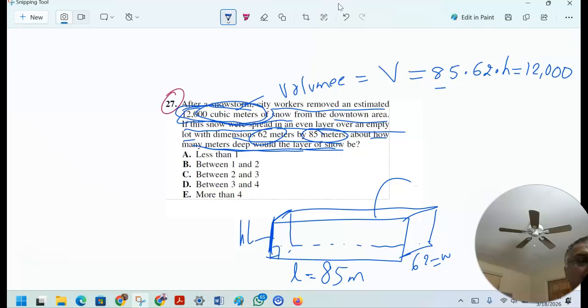So all you do is divide both sides by 85 times 62. So the 85 times 62 cross out and you get H equals 12,000 over 85 times 62, and you can plug it in the calculator.